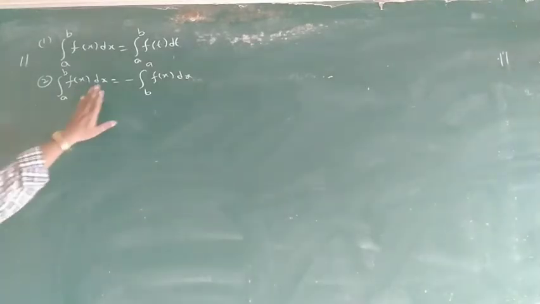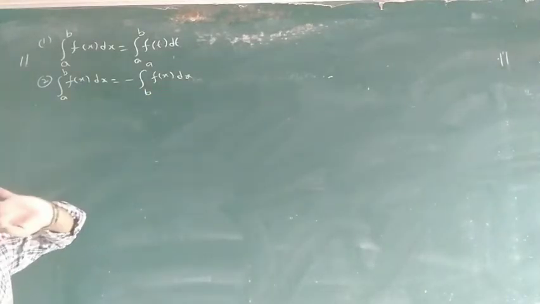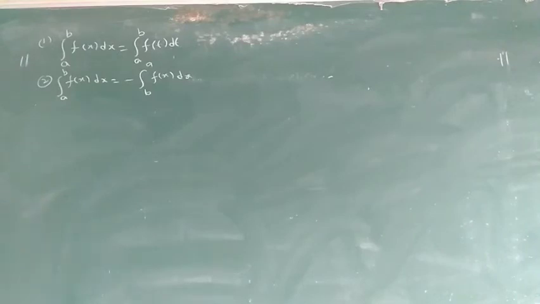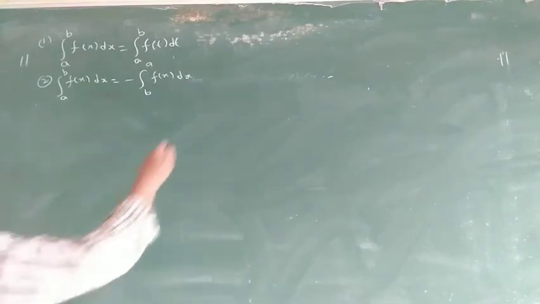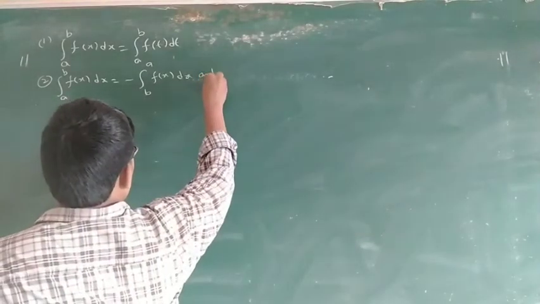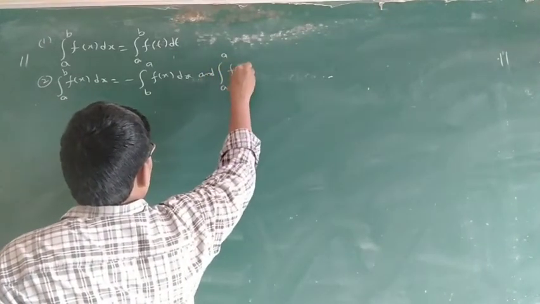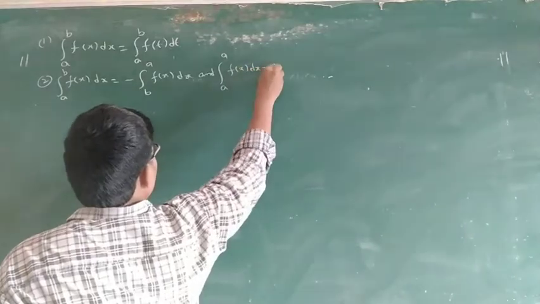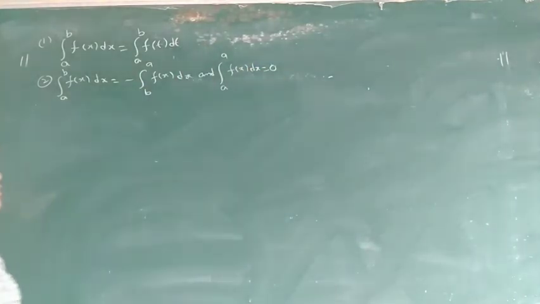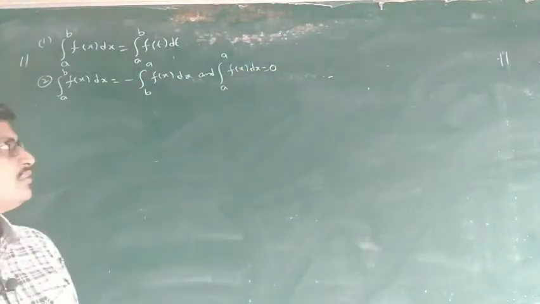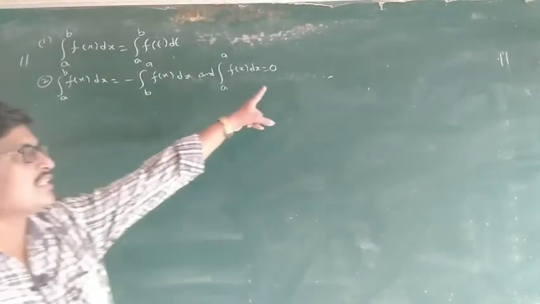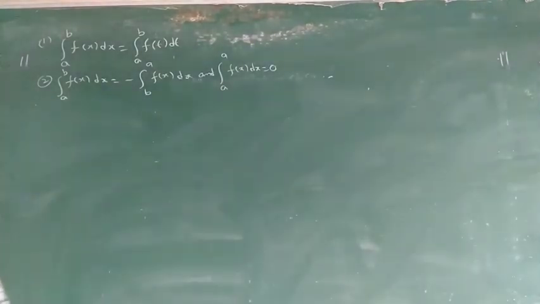This value plus 2, this value minus 2. So the value is same but the sign is different. And integral a to a f of x dx is equal to 0. Upper limit and lower limit same means that integration value is 0.